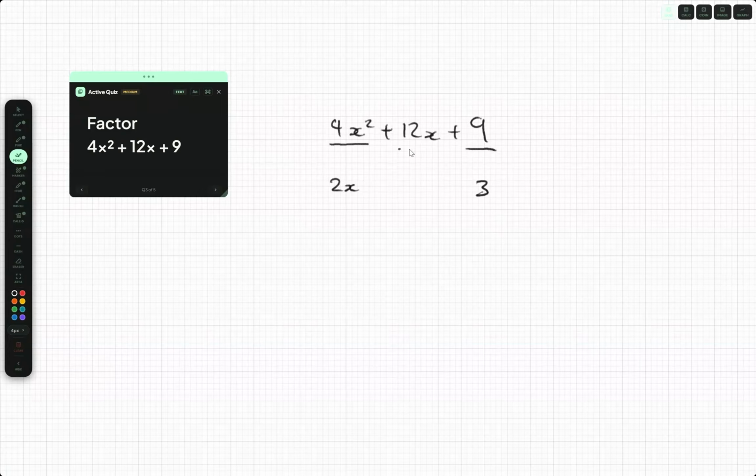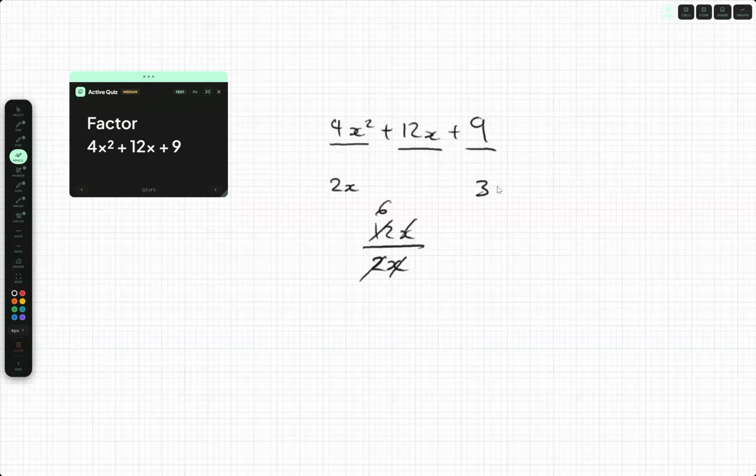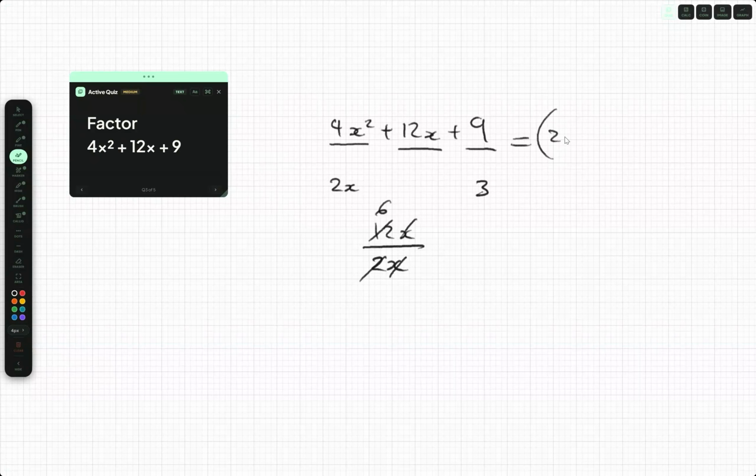If I divide this middle term by 2x, which is dividing it by a, then I'll get rid of the x, and I'm left with 6. Is 6 2 times our third term? Yes, it is. So this is a perfect square, and we're left with (2x plus 3) squared. That will give you this exact answer.